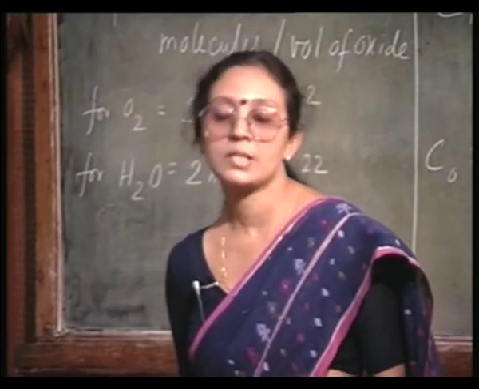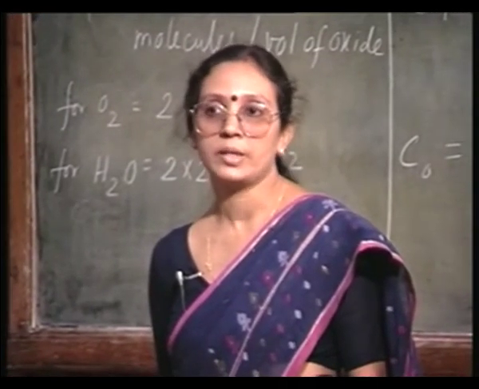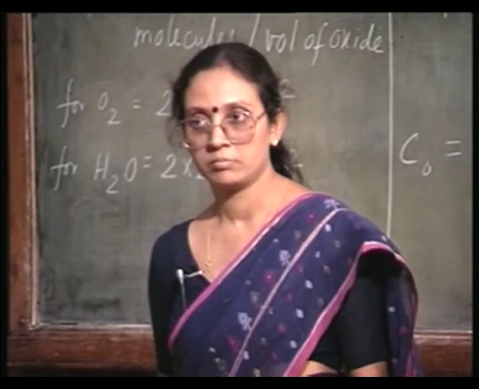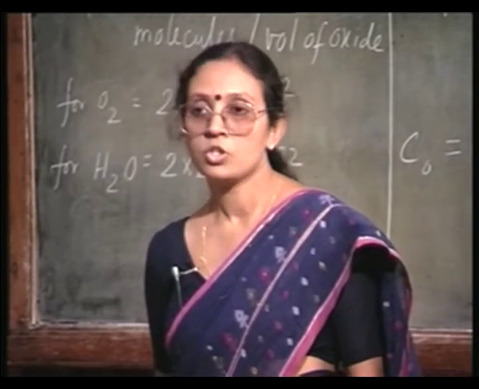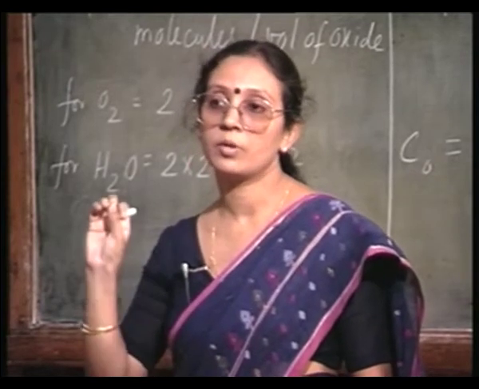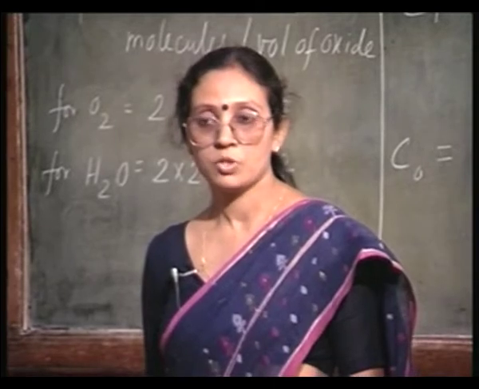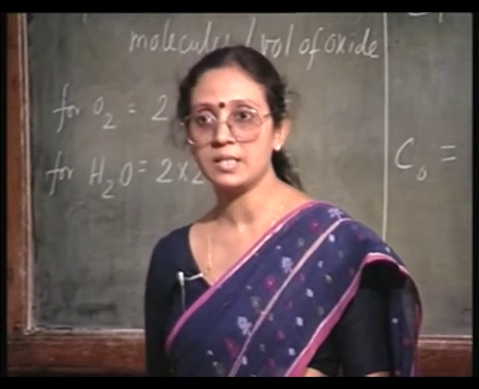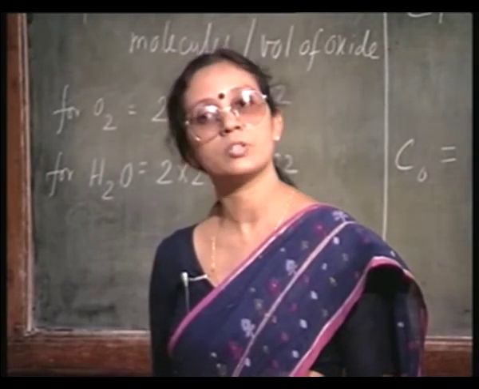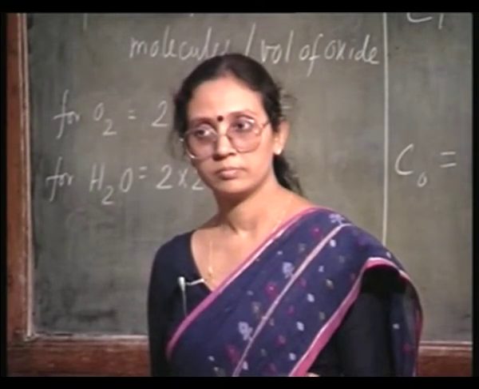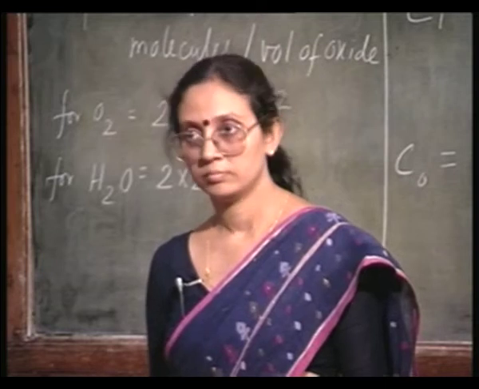N1, that is the number of oxidant molecules per unit volume of oxide. Okay. So, you see, as the oxide is growing, the growth rate is given by dx dt. And N1 is the number of oxidant molecules incorporated per unit volume. So, N1 times dx dt is nothing but the flux of the oxidizing species. Isn't it?